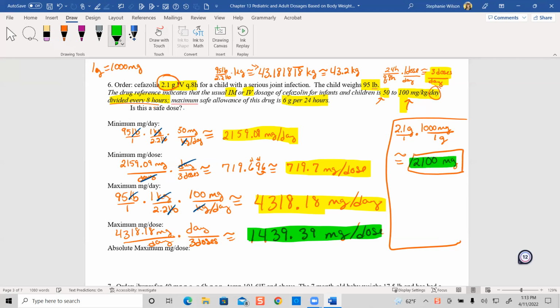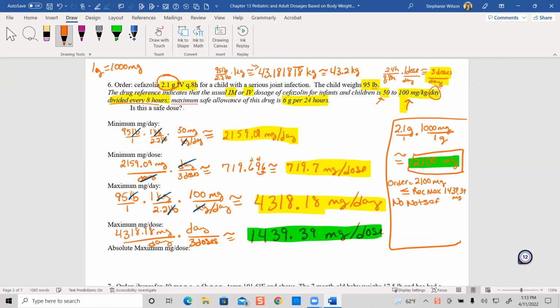So we've got to compare it. We've got to say the order here is 2,100 milligrams. Is it less than or equal to the recommended max, which is 1,439 milligrams per dose? So this, no, this is not safe.